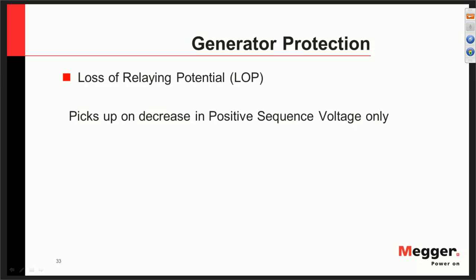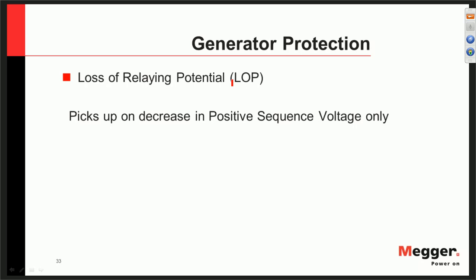If there is no voltage to the relay, this function will get activated and it will block my voltage related protective functions in the generator. Some functions do blocking, some trip, depending on manufacturers. I'm taking an example of blocking of those functions.